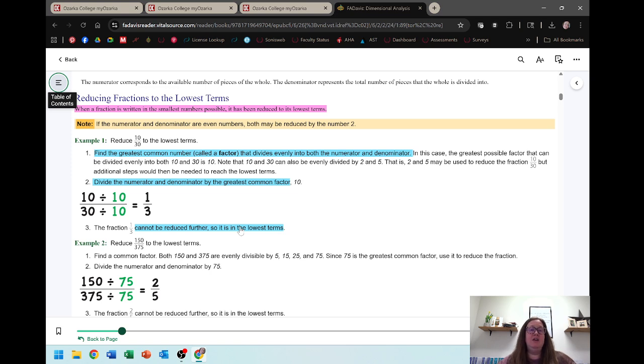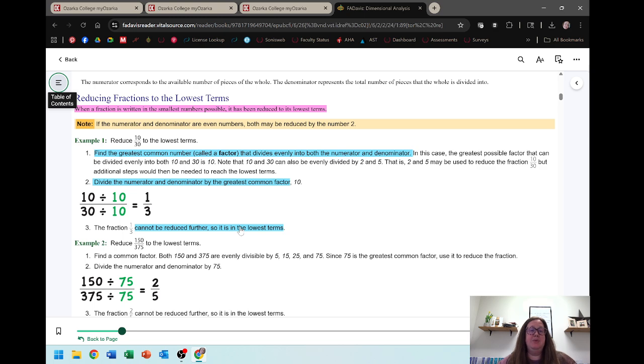So 10 over 30, you could reduce the top number and the bottom number each by 2, and you would end up getting 5 over 15. And then you'll see that 5 over 15, they have a common factor of 5, and that would reduce further to 1 over 3.